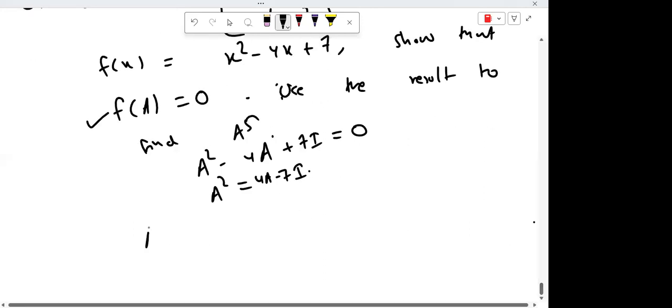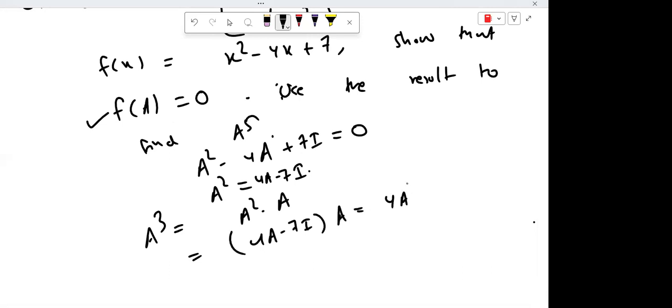Let's find a cube using this. A cube we can say is a squared times a, right? A squared is 4a minus 7i, times a, which is 4a squared minus 7ai. Now 7ai is 7a only.